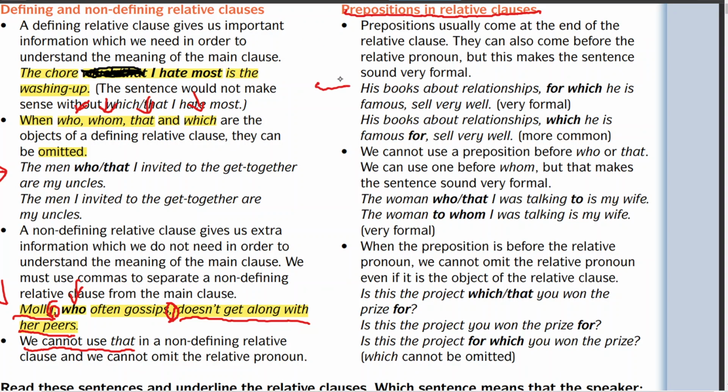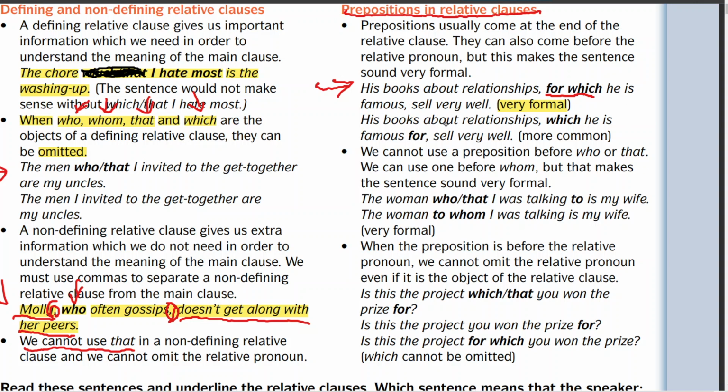Again, I'm going to just skip the notes and just show you the examples. His books about relationships for which he is famous sell very well. So, bila kamu menggunakan for which, dia jadi very formal. Formal. Baku lah. Rasmi.